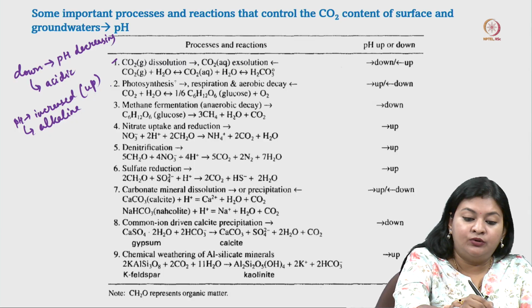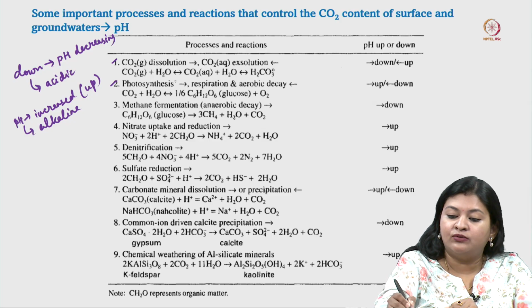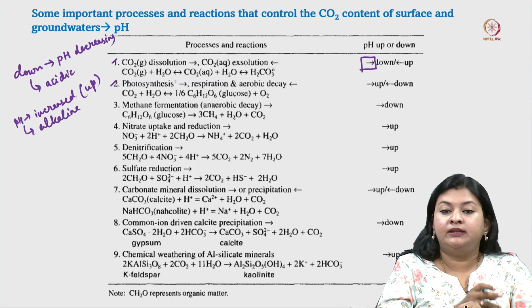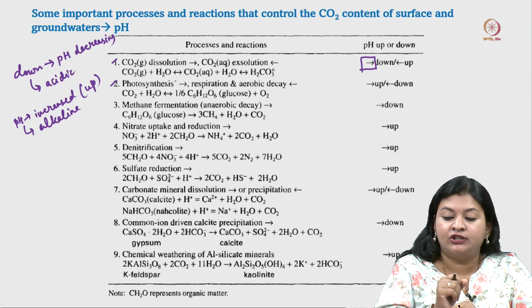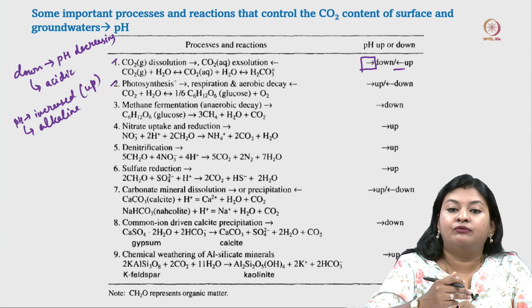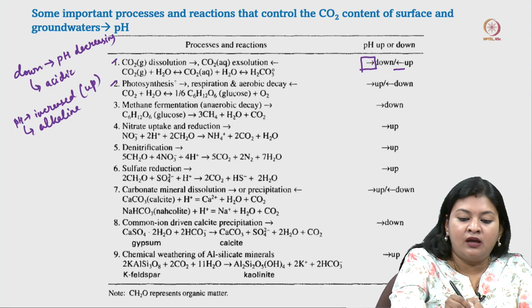Next, another very important one to note is photosynthesis. These arrows show the direction of the reaction, whether the reaction is moving in the forward direction or in the backward direction. For photosynthesis, the reaction is moving in this direction.